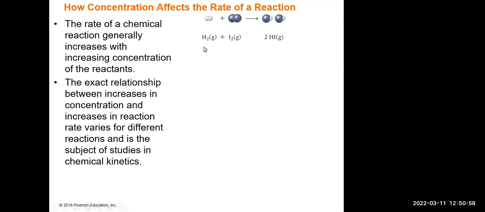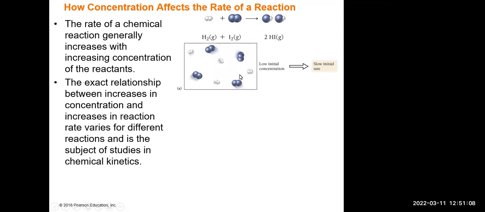For example, here is the chemical reaction H2 plus I2 produces 2HI, and this is one of those reactions that depend on the concentration of the reactant. You can see that a low initial concentration means a slower initial rate.